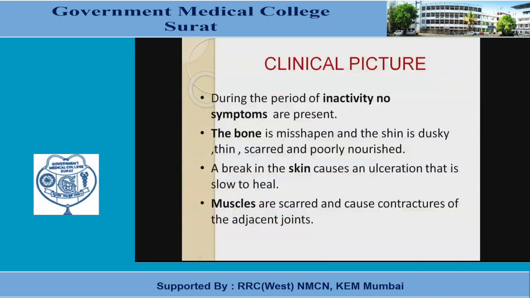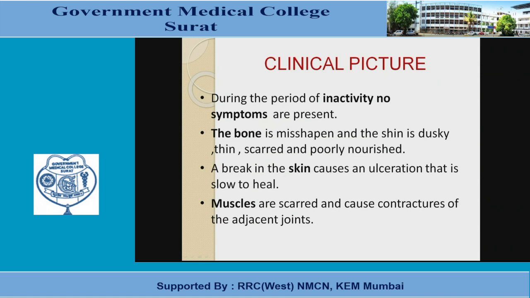The clinical picture is the same, but in this there are phases of no active disease in between the active phases. Whenever there is no active disease, the patient may be normal. There might be only a small sinus tract with or without discharge, possibly with a little pain.